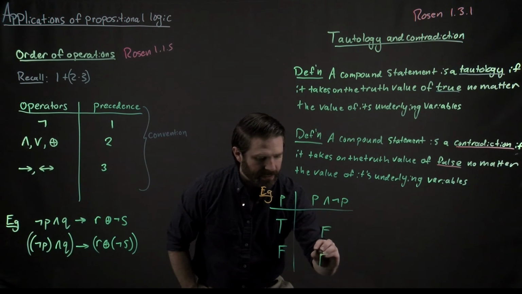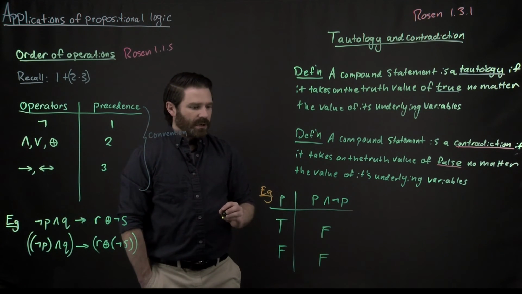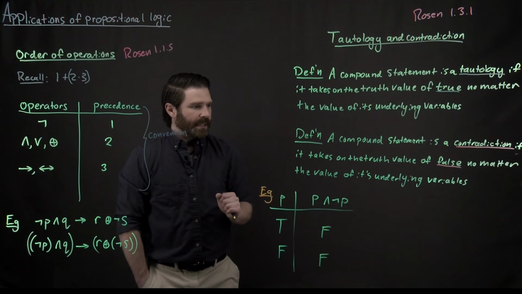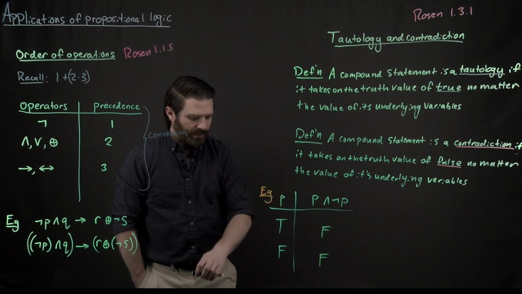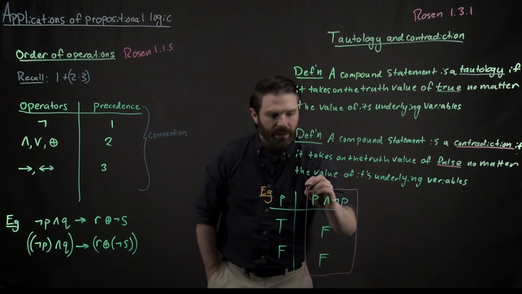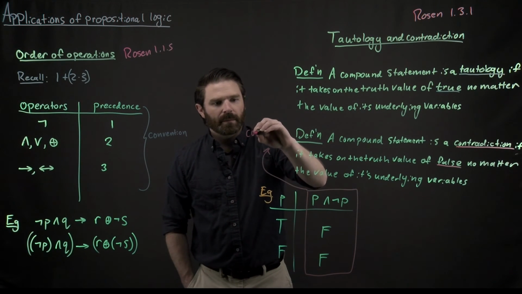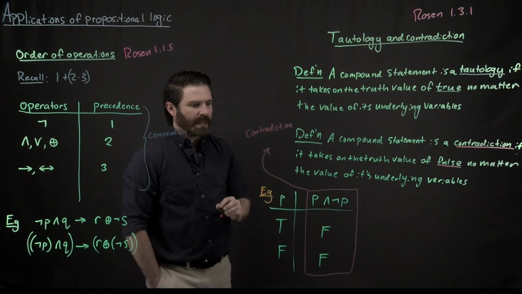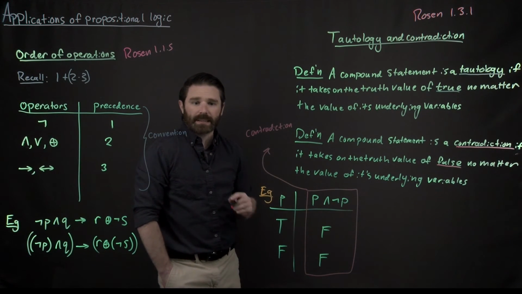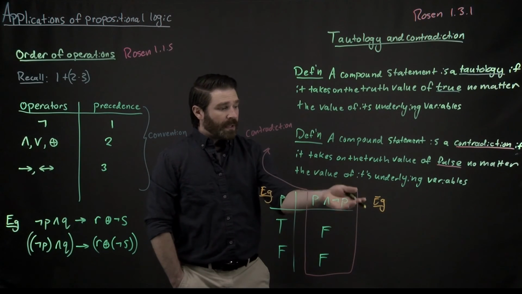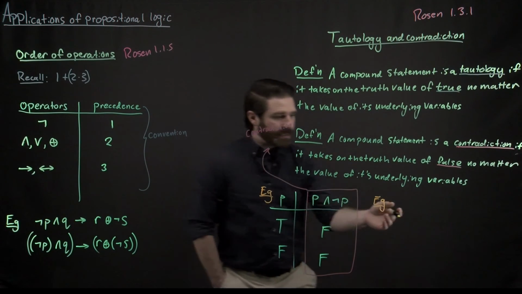So this one again is going to be false. So in particular, no matter the value of its underlying variables right here, this thing is always false. And so in particular, this thing right here is a contradiction. P and not P is a contradiction. It will never be true. It is always false.